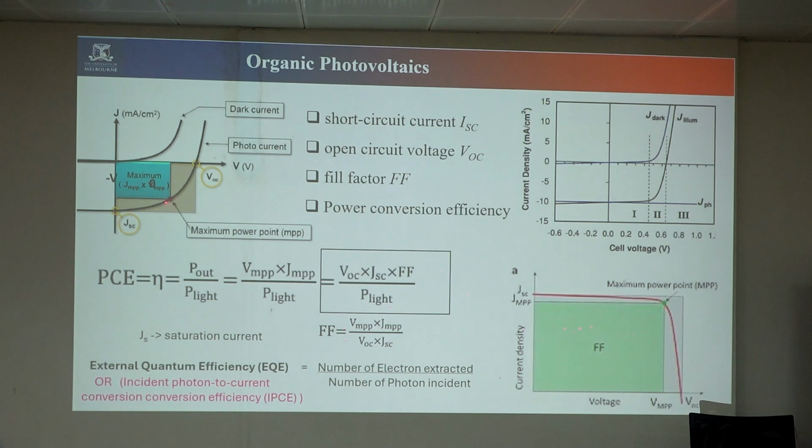If you take this as the maximum point, its corresponding voltage is VMPP, and this is JMPP, because the y-axis is current. Okay. So using that VMPP, JMPP, and the outer values, we get the fill factor. The fill factor is just saying how square the curve is. This maximum power point tells what is the maximum square that can form within this JV curve.